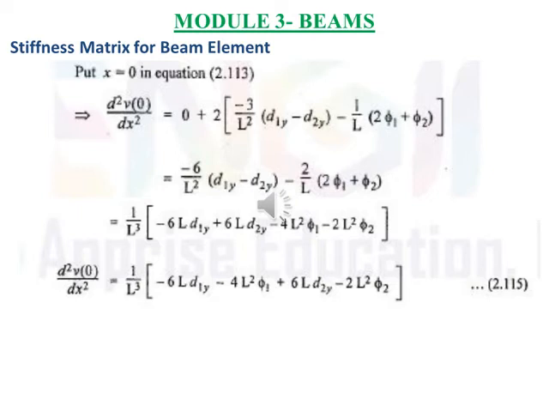So this equation will be 2.115. So del square mu of 0 by dx square is equal to 1 by L cube into minus 6L d1y minus 4L square phi 1 plus 6L d2y minus 2L square phi 2.